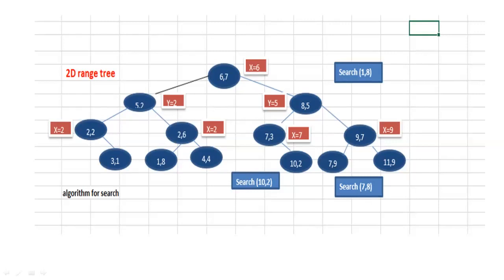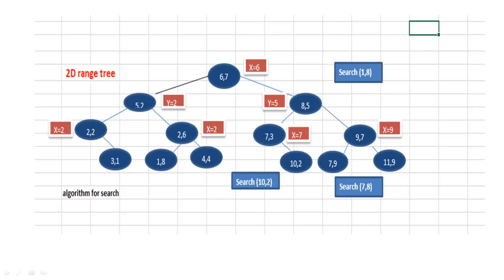So generally when we start initially, the cut dimension we consider is X, and then we consider Y on the next level, and in this way we cycle among the dimensions until we reach the leaf. So for searching 1.8, initially we compare only the X coordinate of this search key, that is 1, with the X coordinate of the current node, that is 6.